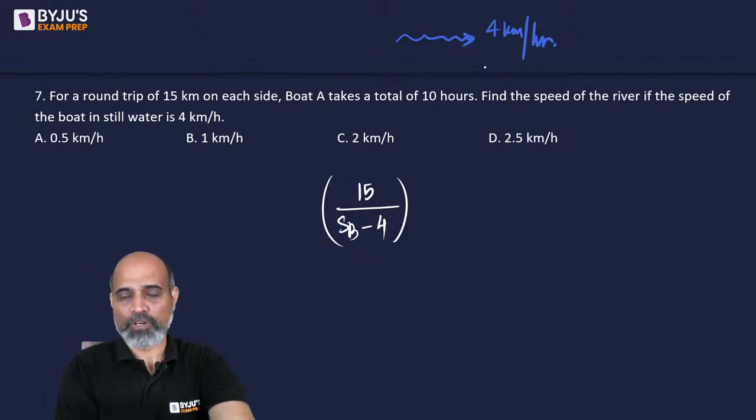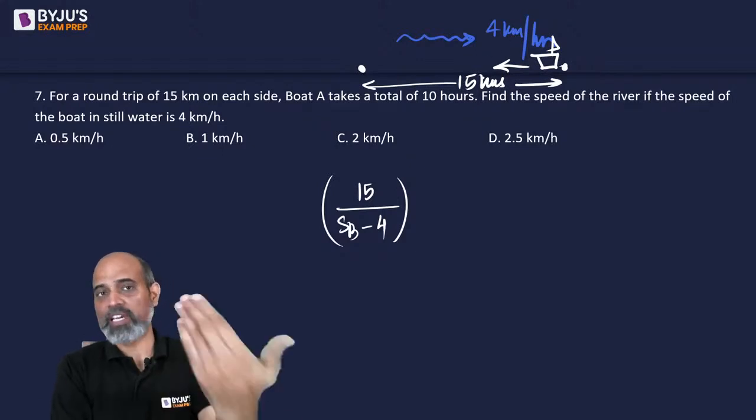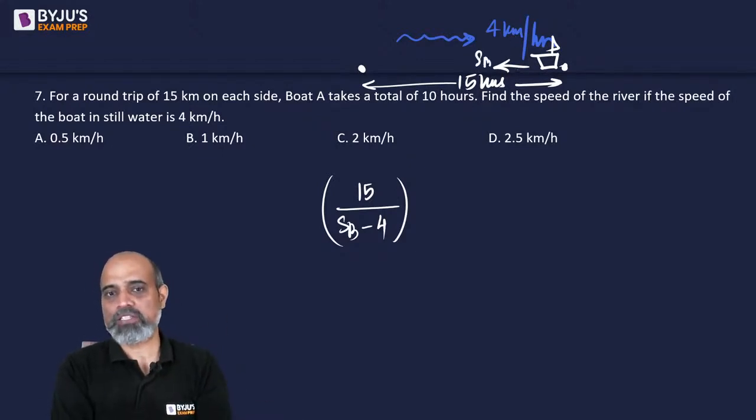And the boat starts from here, it goes here. This is 15 kilometers, right? So the boat starts from here. तो जाते वक्त क्या है? Stream के against चल रहा है. So its speed is going to reduce from SB to SB minus 4. So this is the time it will take to go from point X, let's say, to point Y.